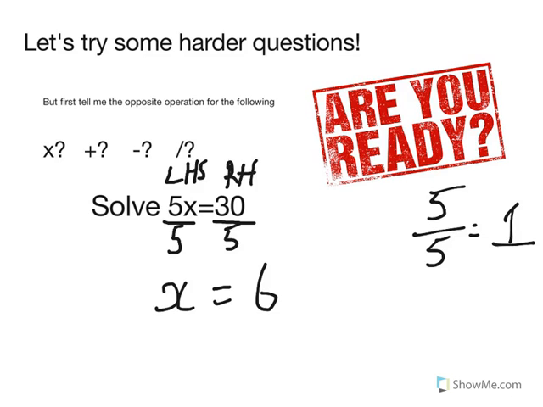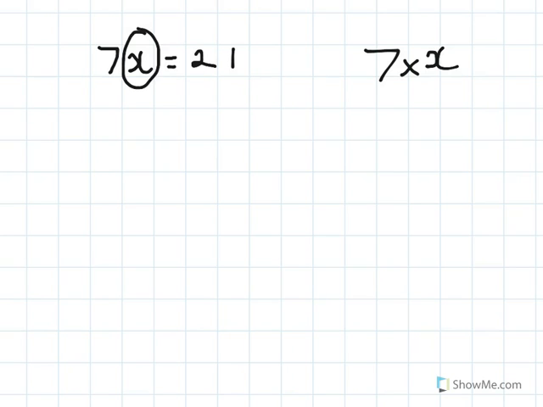Okay, let's try some more questions. What would be the answer for 7x equals 21? Pause the video and have a go. We know 7x really means 7 times x, and we need to get the variable, x, by itself.